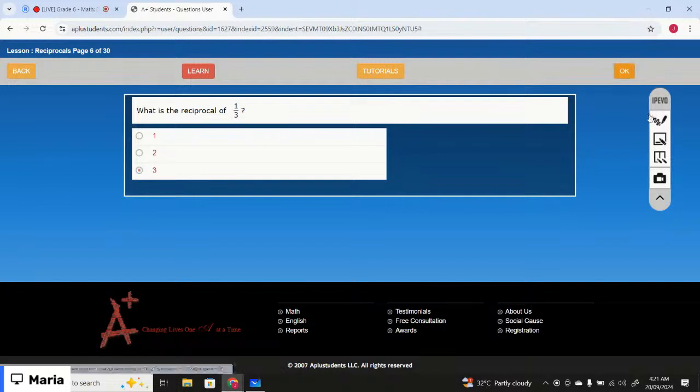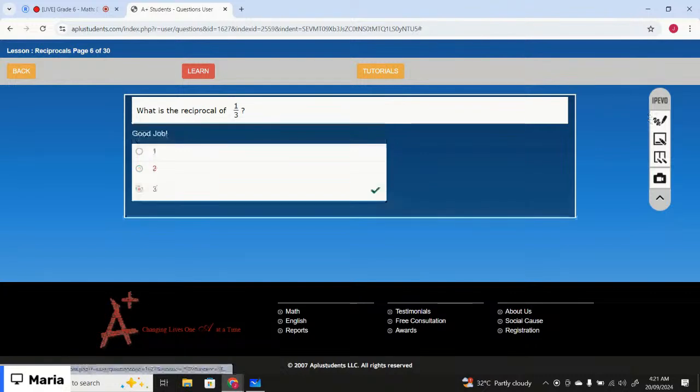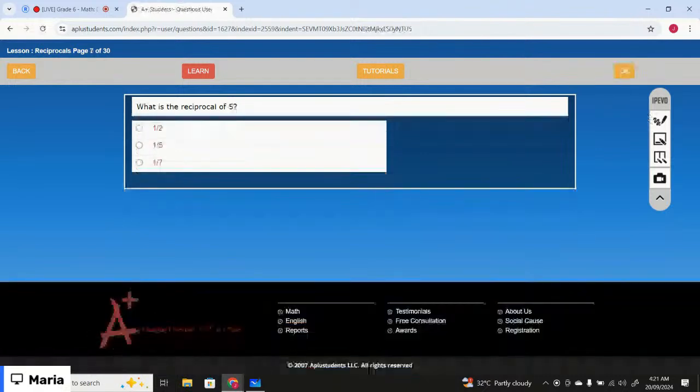Be careful, right? What is the reciprocal of 5? That is 1 by 5. Okay, you can complete the lesson by yourself later today. Let me just move on to the next lesson.